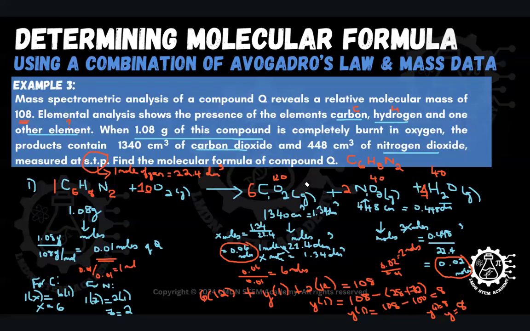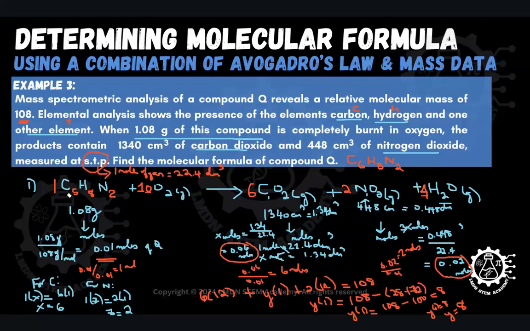Okay, so that's it, guys. This was a very comprehensive question that really relied on our understanding of what our objective is when we're given any kind of information. We're given a combination of mass data and volume data, and they told us that we're at STP.